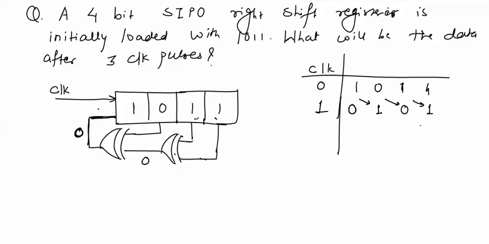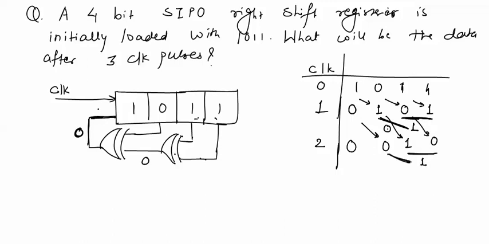Now these two will be XORed, the answer will be 1. These two will be XORed, the answer will be 0. Again 0 will be inserted, so 0 is inserted and the other bits will be shifted. Now these two bits will be XORed, 1 will be the answer.